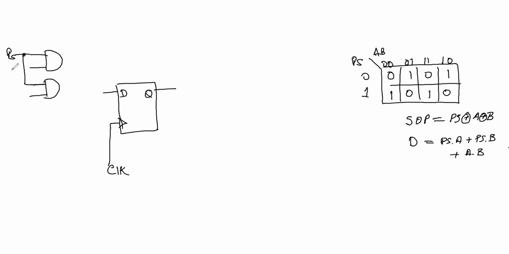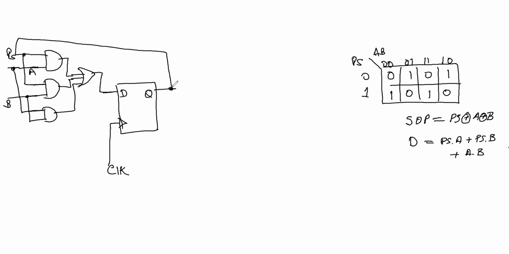This is PS, this is A, and this is B, OR of the 3, and you get D. And what is this PS? Basically a Q output from the flip-flop.